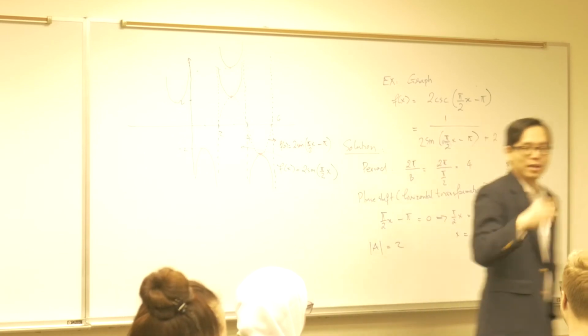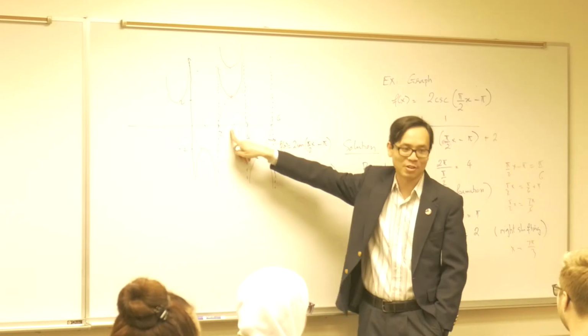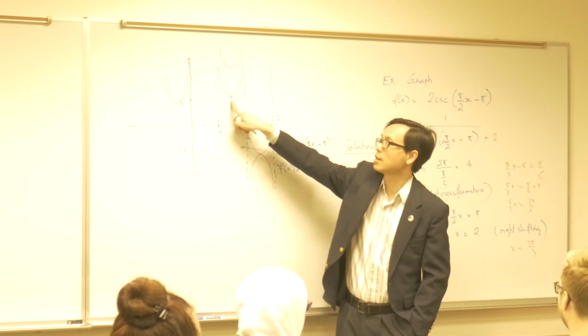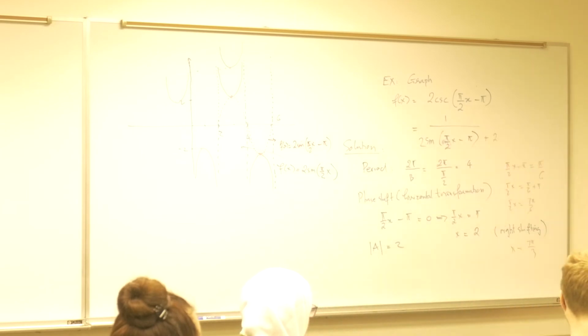You plug 7 pi over 3 into the calculator: 7 times 3.14 divided by 3. It's not at 3, so it must be somewhere else. But you want over here, because this is the bottom, the lowest point of the cosecant.